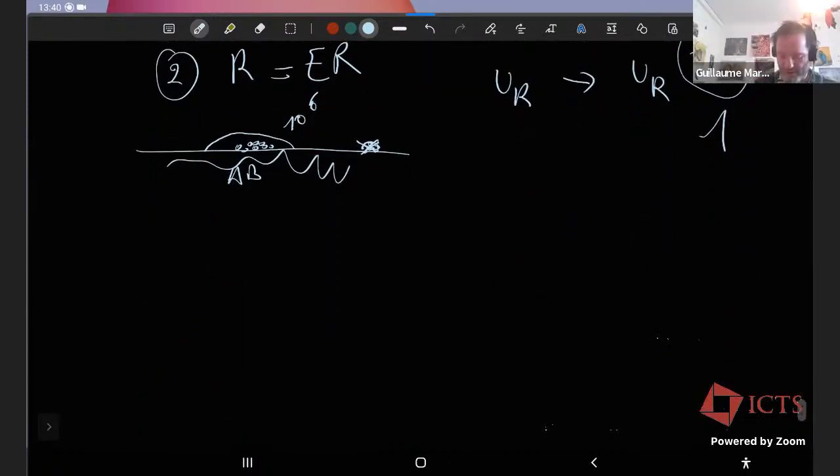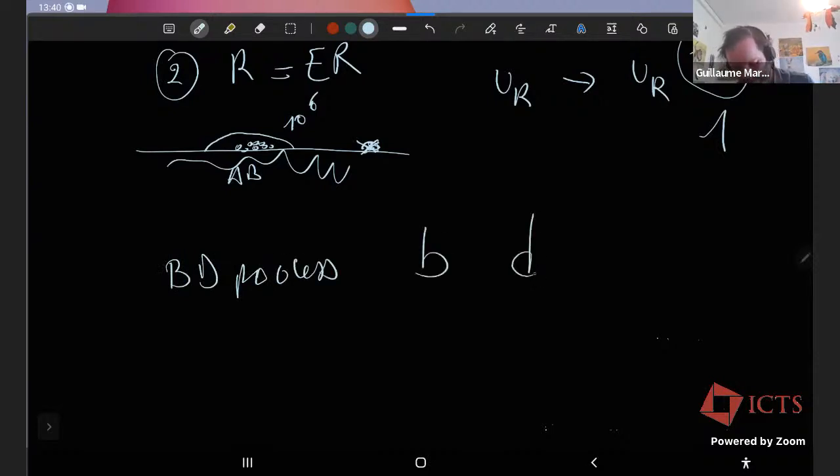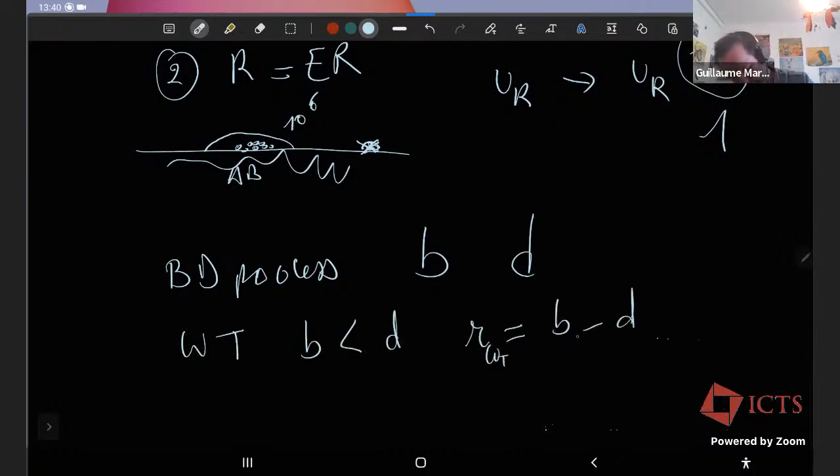It depends on what you're considering. What is the resistance? For example, let's take a birth-death process. You have a rate of birth B and a rate of death D. By definition, your wild type has B less than D because it's decaying, and the growth rate is B minus D. That's a good way to analyze it.